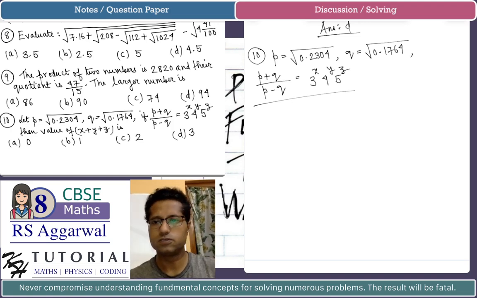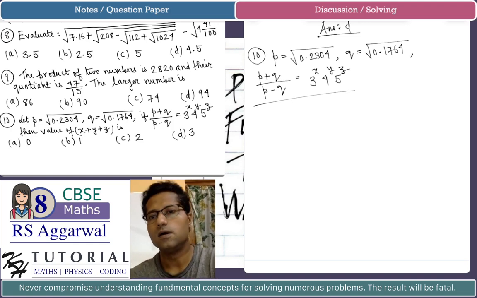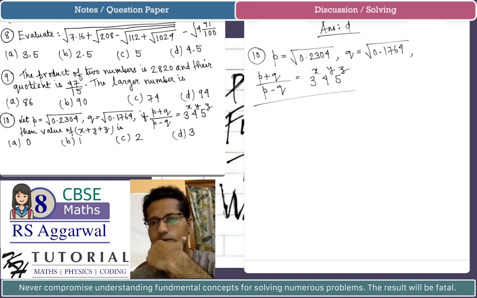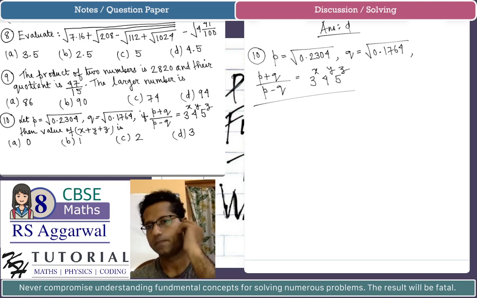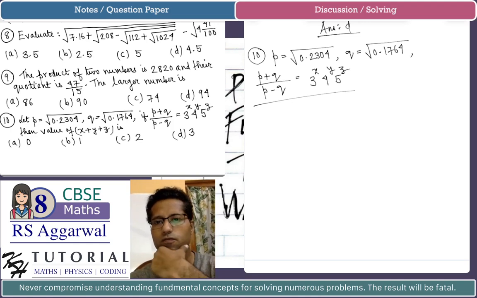Now first we have to see whether the numbers inside the square root, the decimal places is 4, so we can convert that to a fraction, and we will have in the denominator 10 to the power 4, whose square root is 10 square. But we have to check whether 2304 and 1764 are perfect squares or not. If they are, then life will be easy.